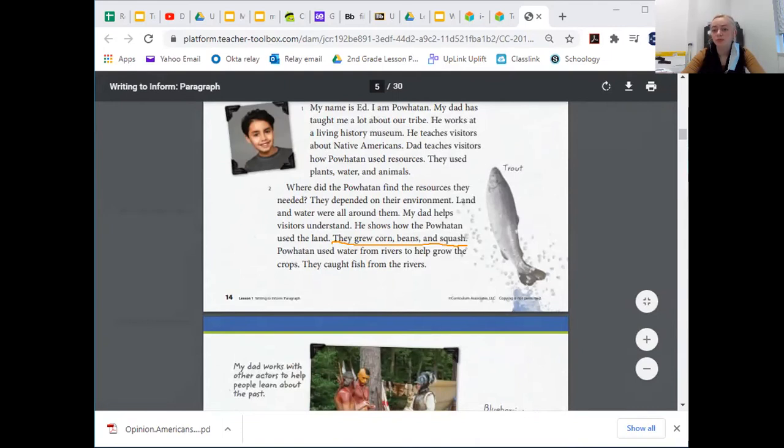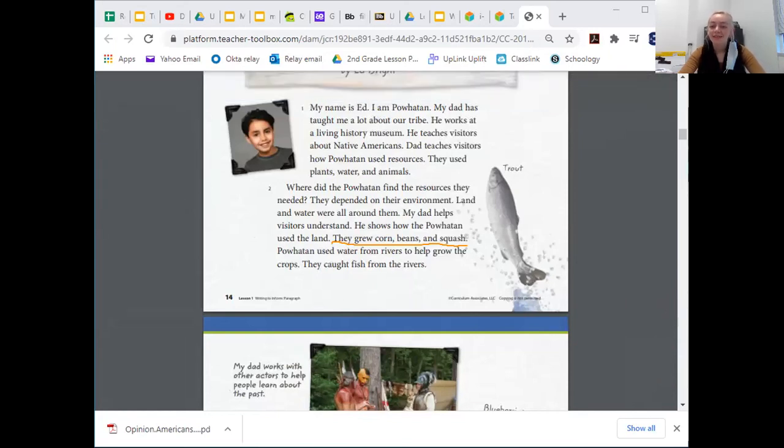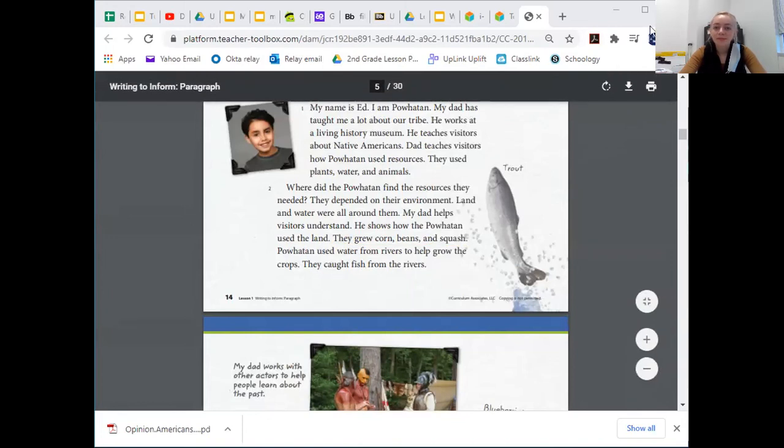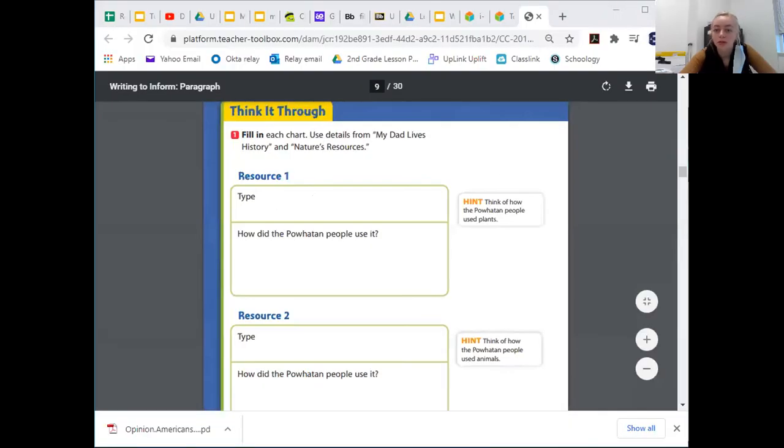And I know that people usually eat corn, right? So that's obviously a way that they used it. Let me clear my annotations again. So we know that the Powhatan people used corn because we looked at our hint.